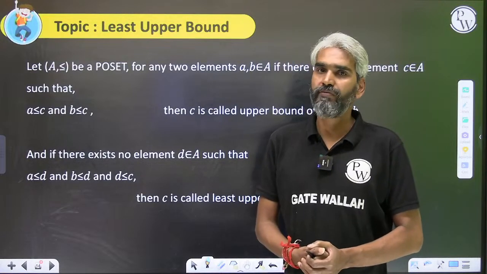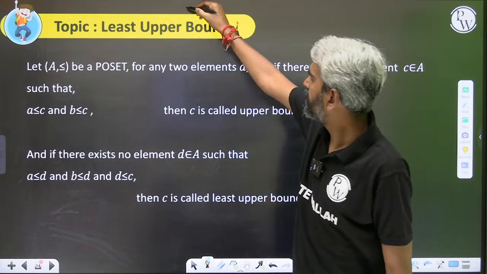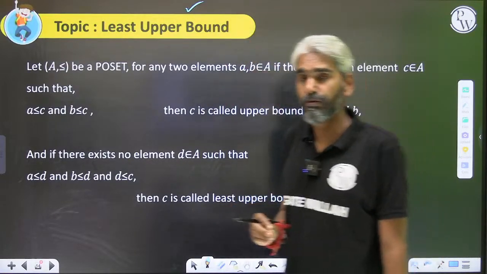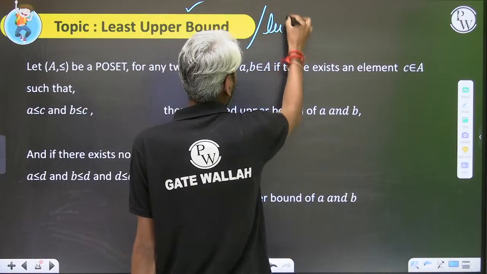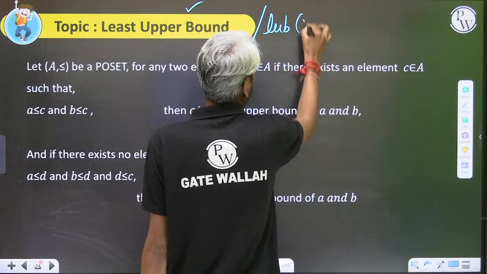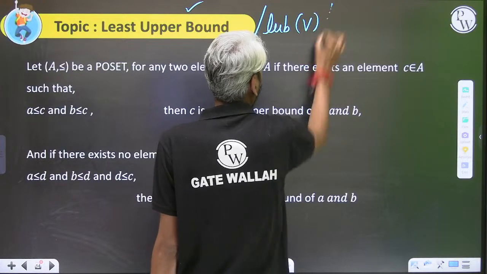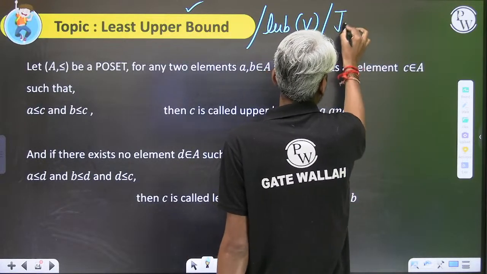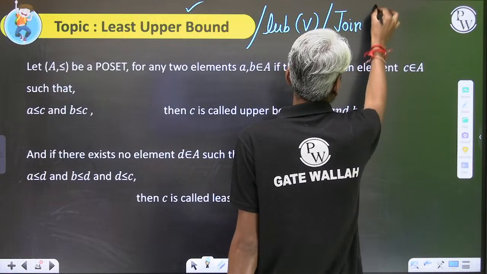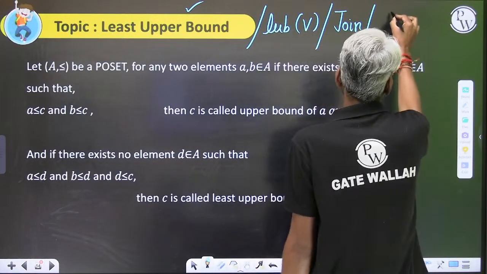The very first thing that we'll discuss is the least upper bound. Generally we denote it using the OR-like symbol. Apart from that, least upper bound is also known as join, and also as supremum.